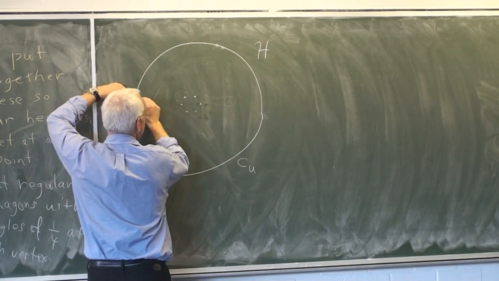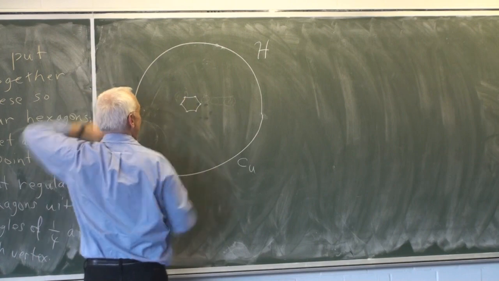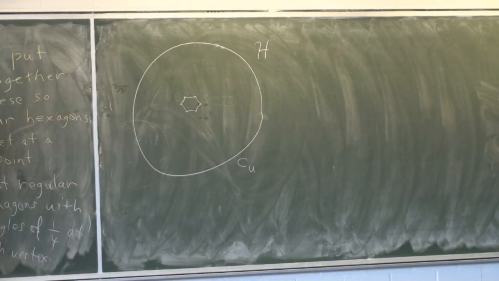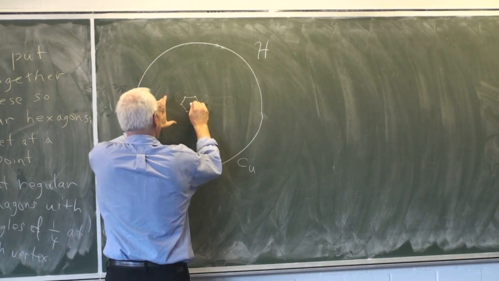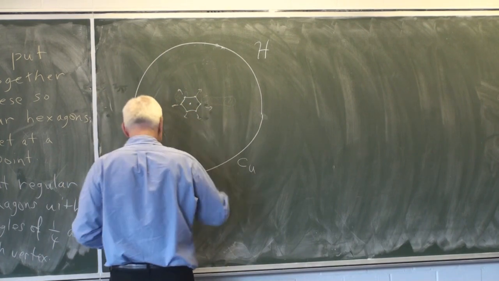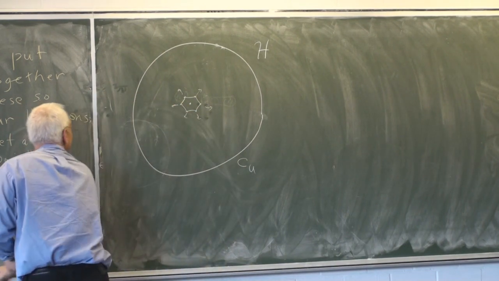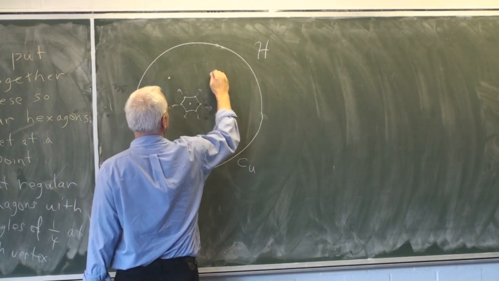So these will be almost like a Euclidean hexagon. However, if we imagine blowing this thing up gradually and continuously to a bigger and bigger, still regular hexagon, at some stage we might have something like this.